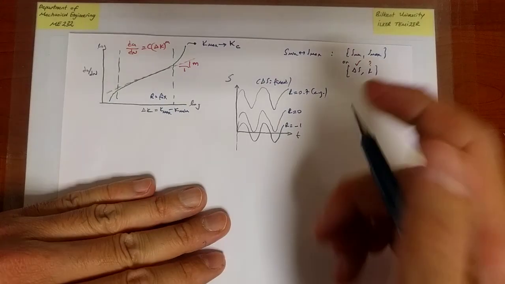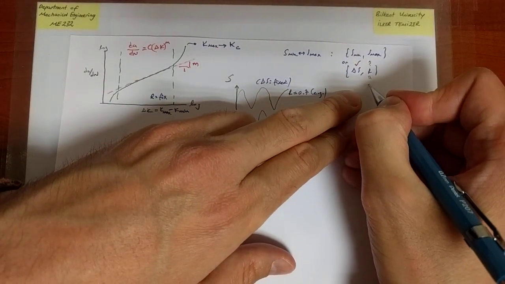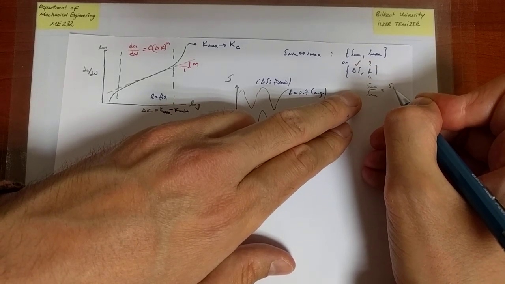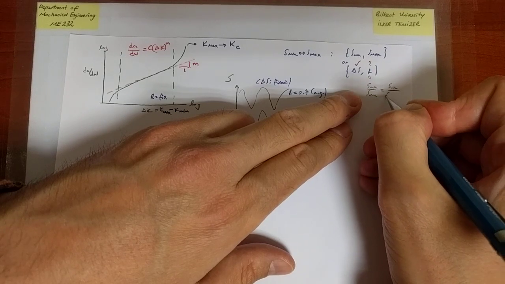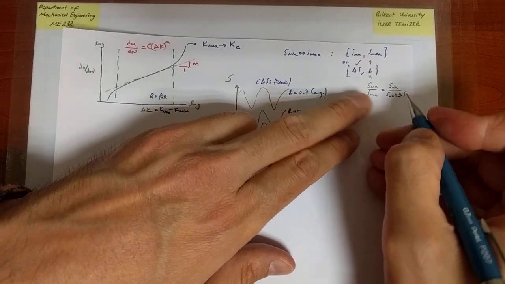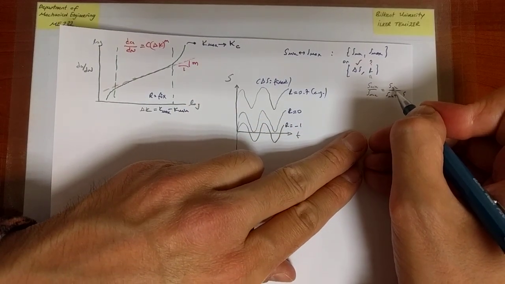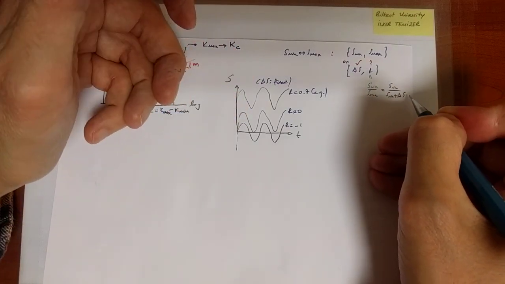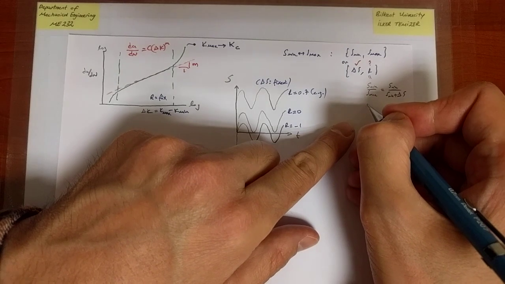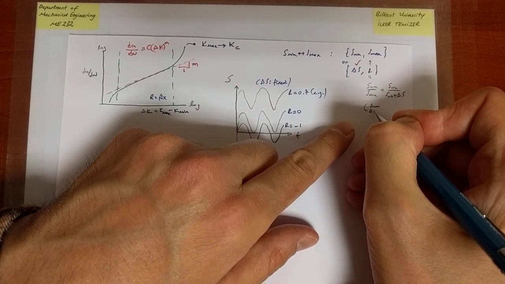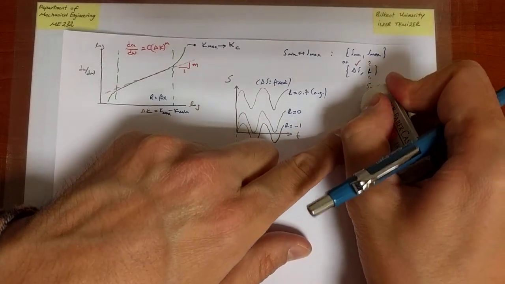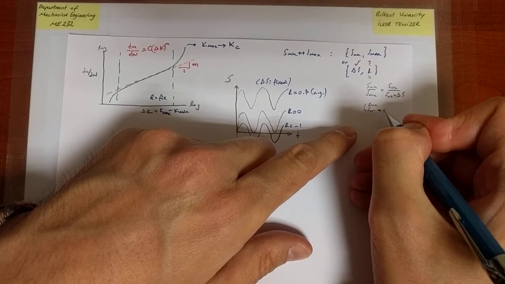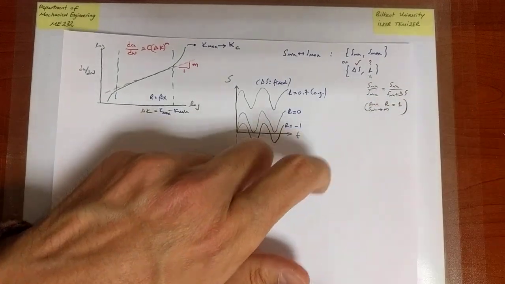And if I write it explicitly, it is equal to S min over S max, which is equal to, if you like, S min over S min plus delta S. So for a given delta S, as S min increases, in other words, when this curve shifts up, eventually the value of delta S will be irrelevant in the ratio and R will go to 1. Okay, so the limit as S min goes to infinity of R is equal to 1.